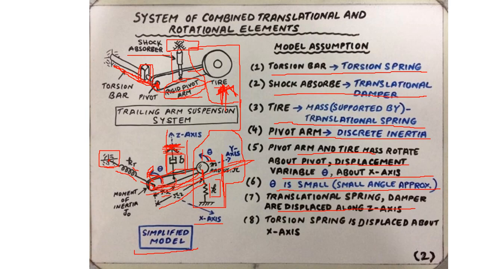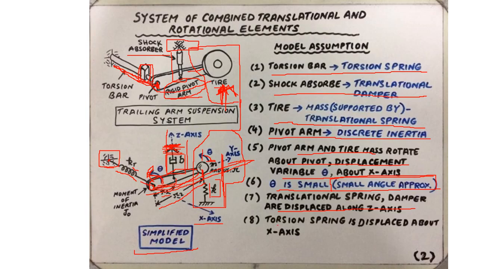They both exhibit the motion along the z-axis, but this motion intrinsically is a rotational motion. But with the help of small angle approximation, we shall approximate this small rotational motion with linear motion in writing the equations of motion for the translational spring and the translational damper.